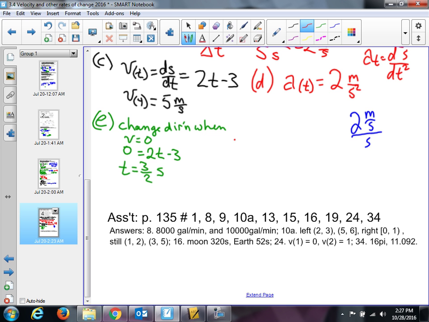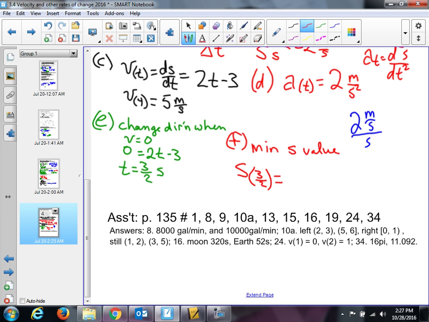For F, we know from E it's at 1.5 seconds, the minimum. The min s value, the position, is s of 3/2.